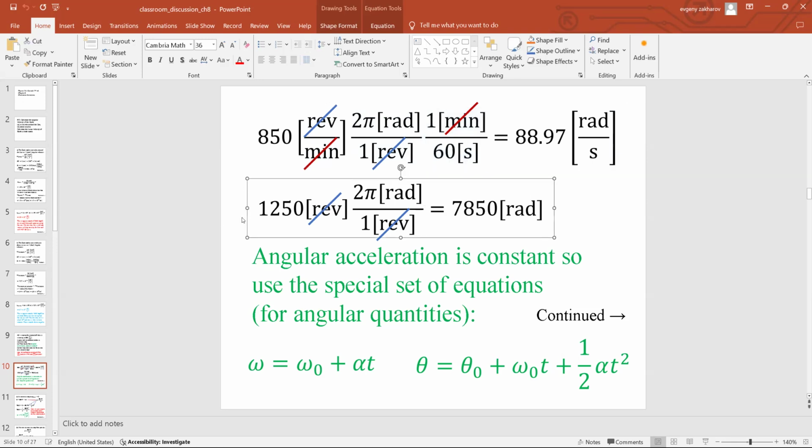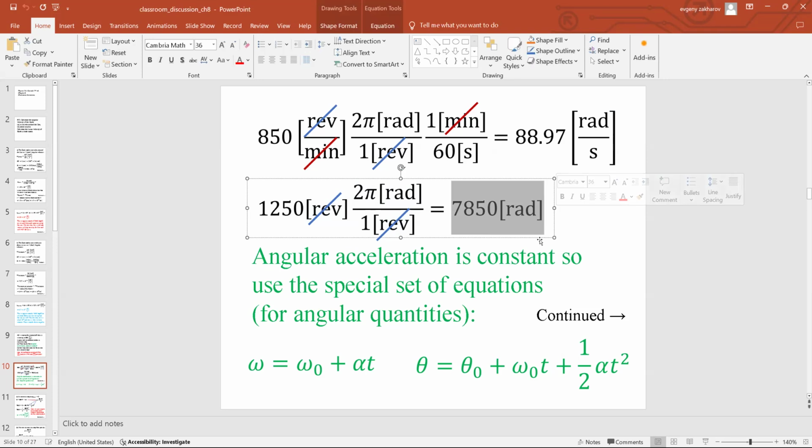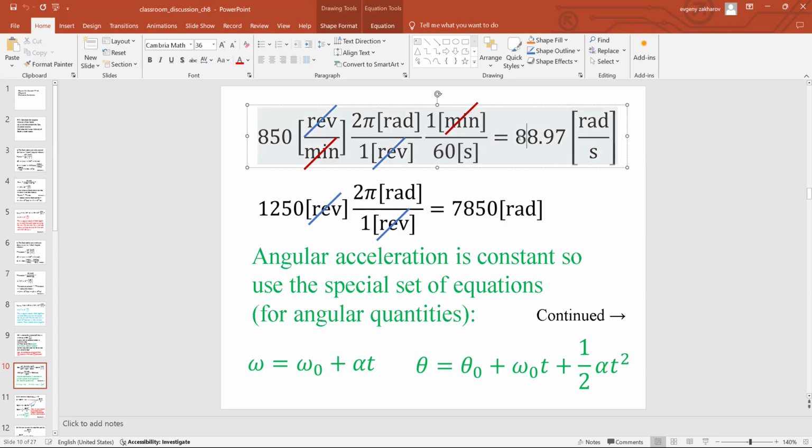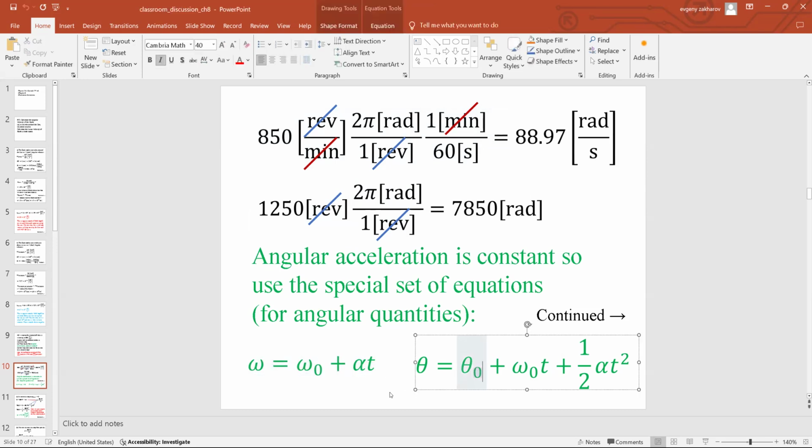And if it's 1,250 revolutions, consider the same conversion factor for radians versus revolutions. You get 7,850 radians. So you got your angular displacement. You got your angular velocity. It is time to calculate the acceleration, which you can do using the two special equations because acceleration is constant.